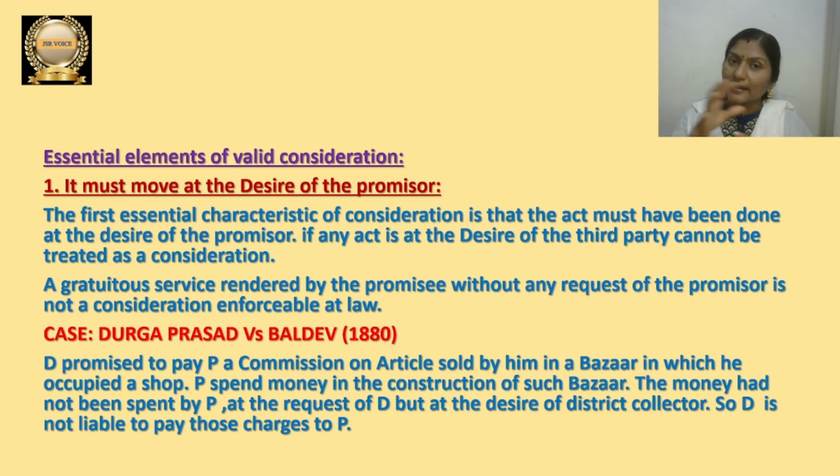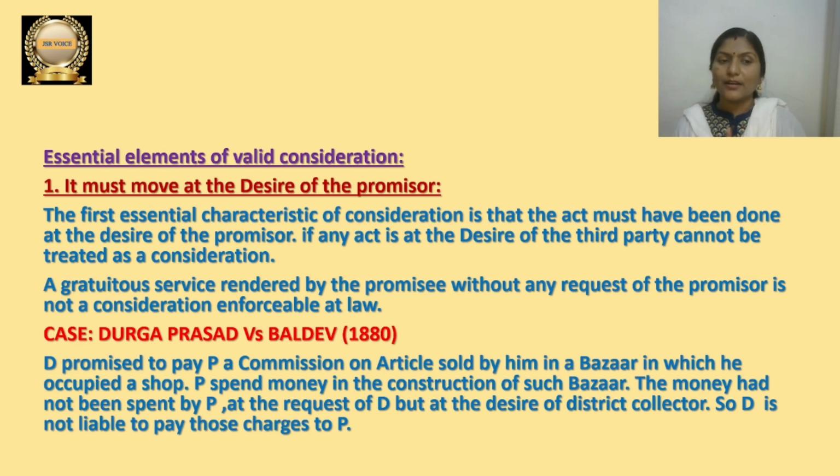So P cannot ask construction money from D, because here consideration is not moving from the side of the promiser. The promiser will pay only for whatever he says. If the district collector is requesting P to construct the bazaar, then that is a request given by a third party. So consideration is coming from a third party, and D is not responsible to pay that.